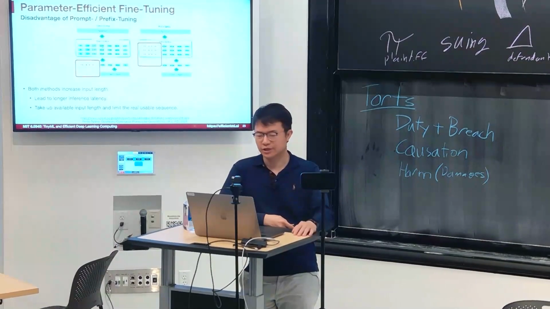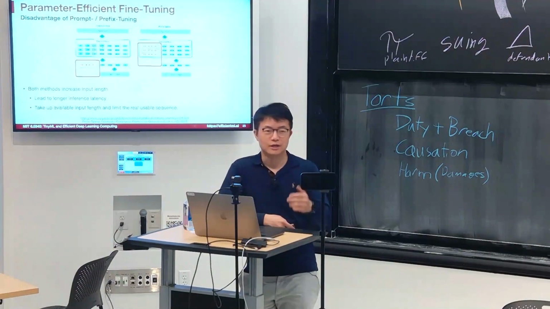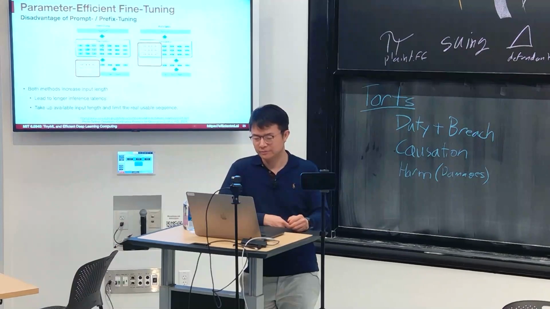Now, what is the catch here? What is the disadvantage of prompt and prefix tuning? That increased the input length, increased the KV cache, and also leads to longer inference latency and a larger KV cache size.